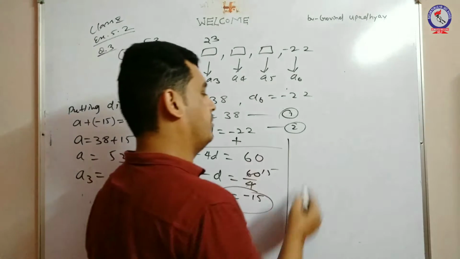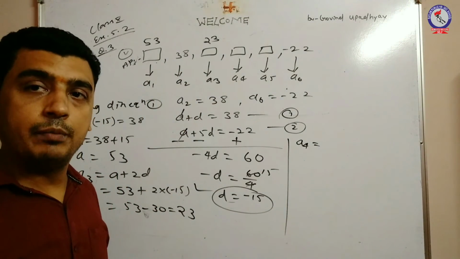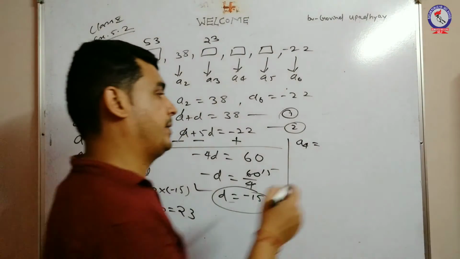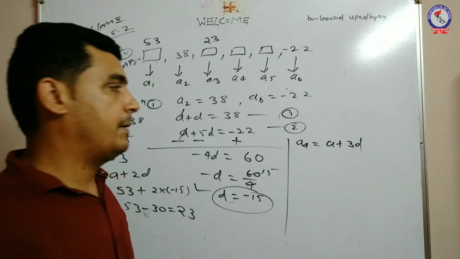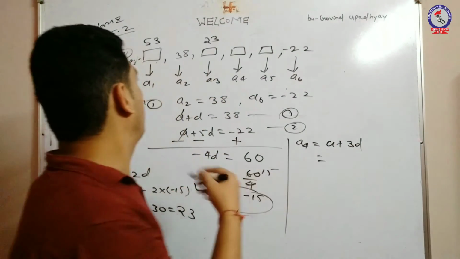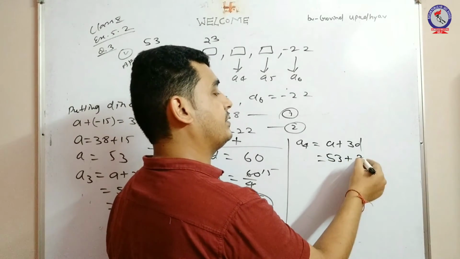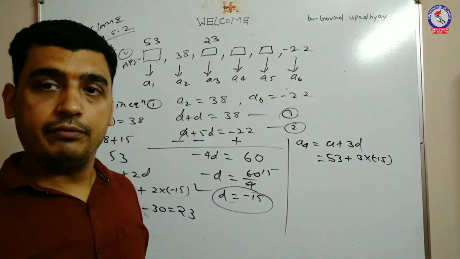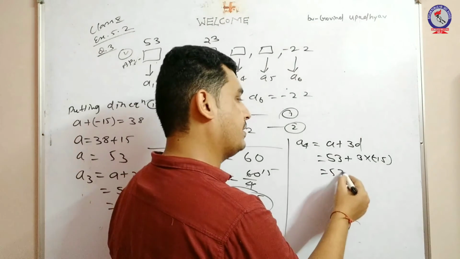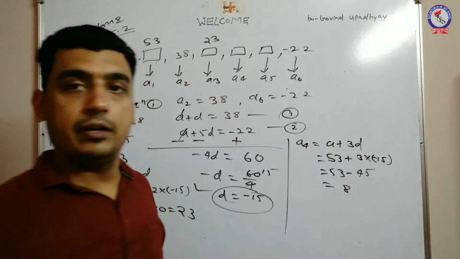The formula of A4 is A plus 3D. Now A is 53 plus 3 into minus 15, 53 minus 45. So it will be 8 here.